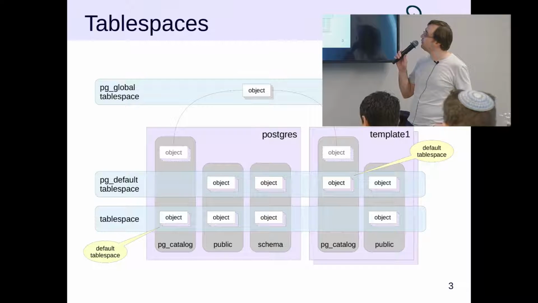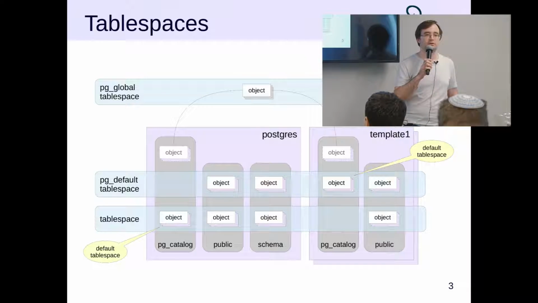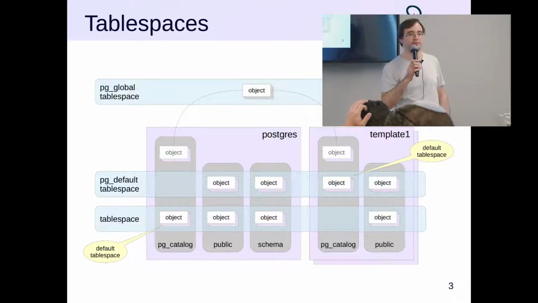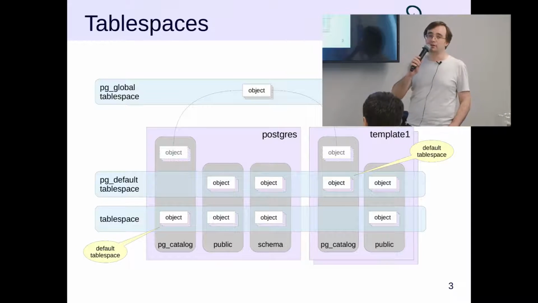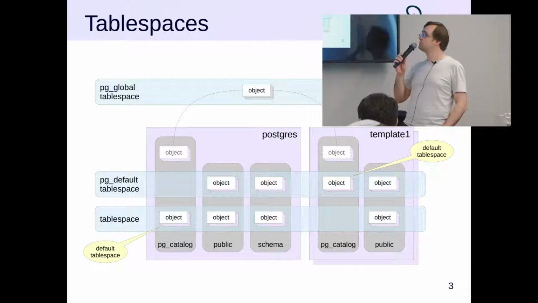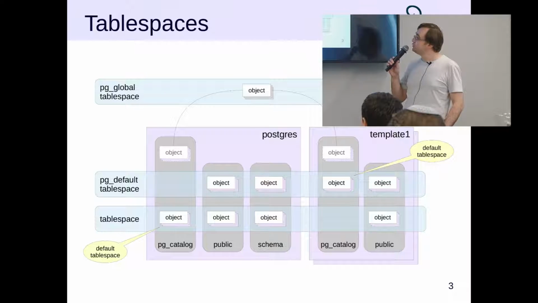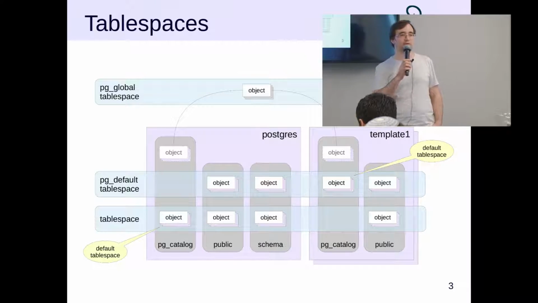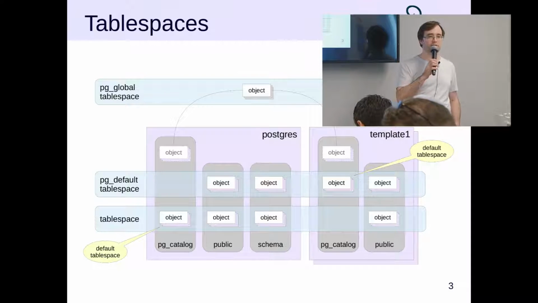These are special table spaces. The pg_global table space contains objects from the system catalog which are cluster-wide, such as the pg_database table and some other tables. pg_default contains all other objects, but you can create your own table space and specify a directory for it.